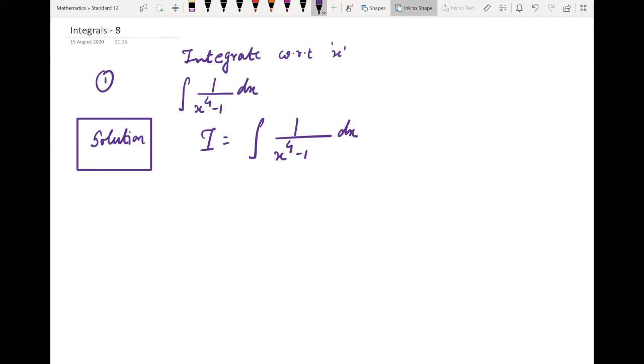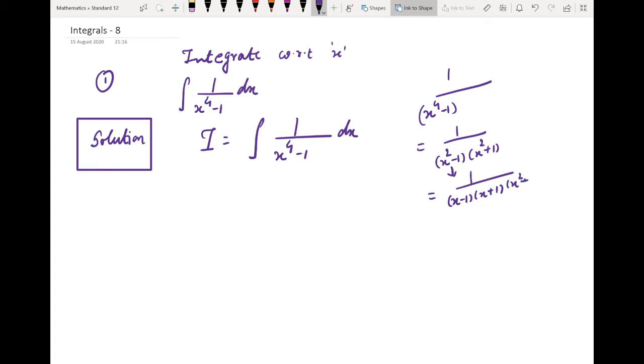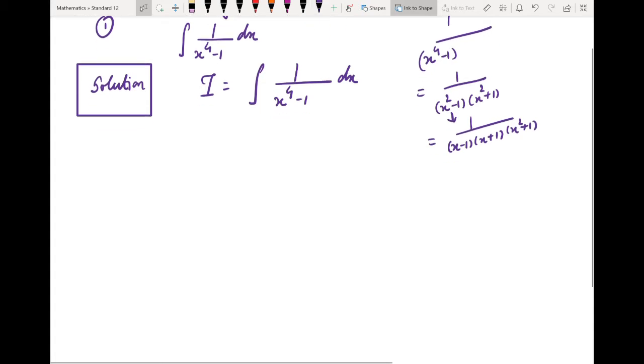Now there are two methods. First one is partial fraction, in which you have to factorize the denominator x raised to 4 minus 1. So this is x square minus 1, x square plus 1. Again this can be factorized, x minus 1, x plus 1 and x square plus 1.